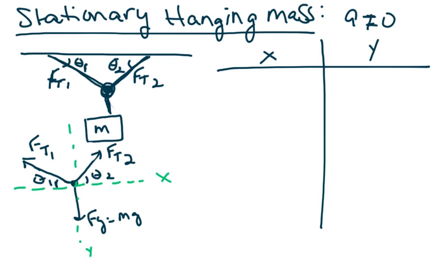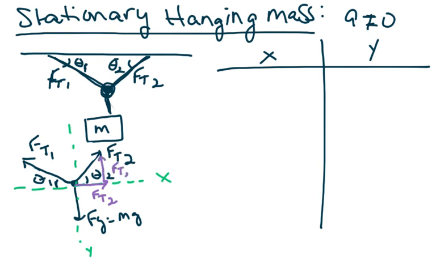So I come over here and I look at everything on or parallel to the x-axis. Well, I have a horizontal component for the tension force here. The reason we are doing components for the tension forces is because those are the two forces that do not lie on our axes that we drew.